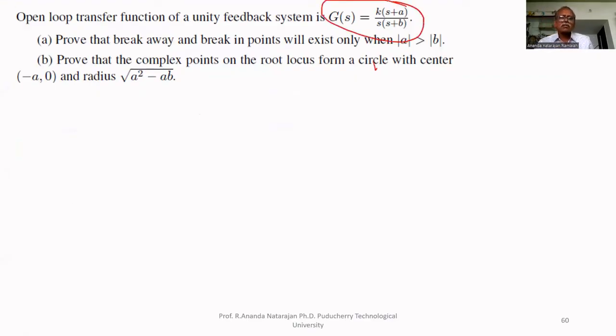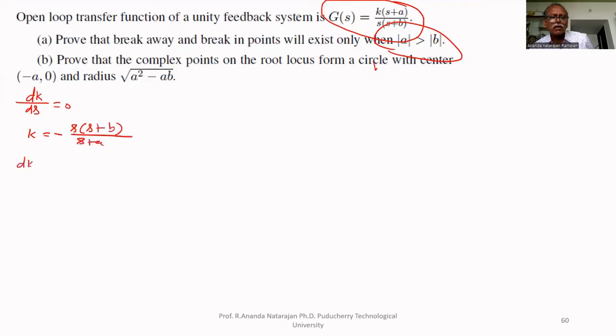We have to prove that the breakaway and break-in points will exist only when modulus of A is greater than modulus of B. To find breakaway and break-in points, we have to find K, because dk by ds equal to 0 will give the breakaway and break-in points. Therefore, K equals minus S multiplied by S plus B upon S plus A.